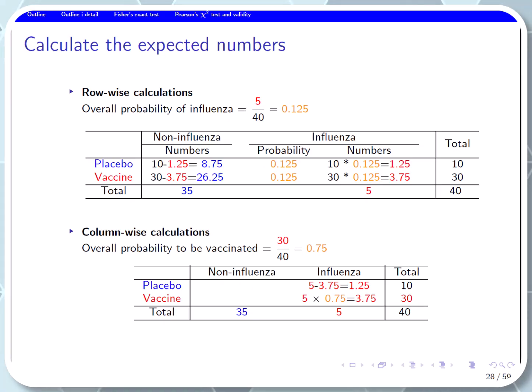We can do the same calculations for the non-influenza group. As you may expect, the two calculations will add up to exactly the same numbers.